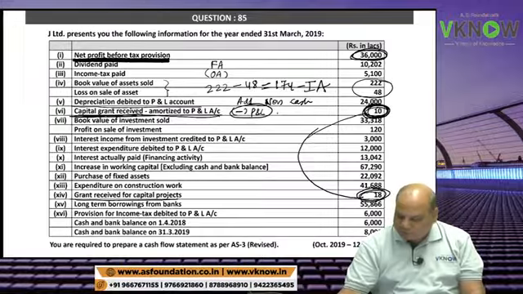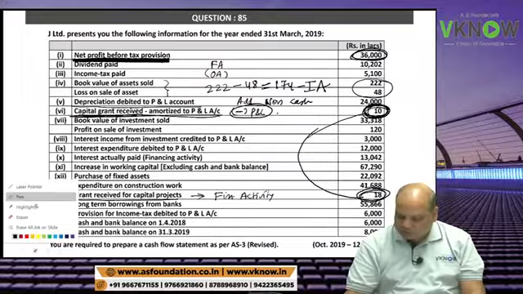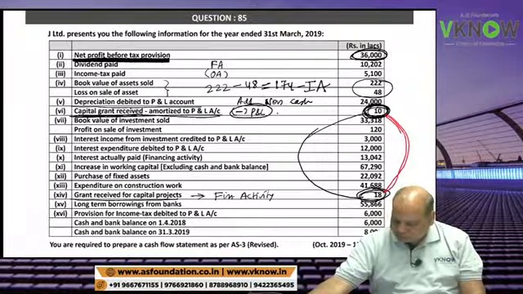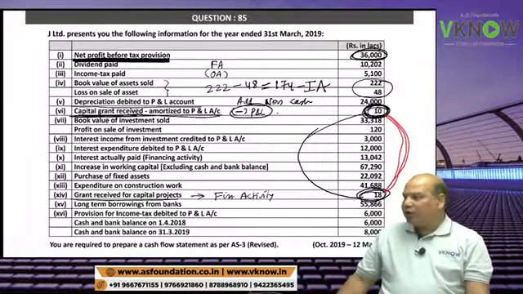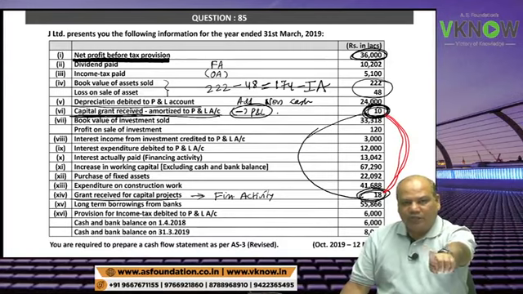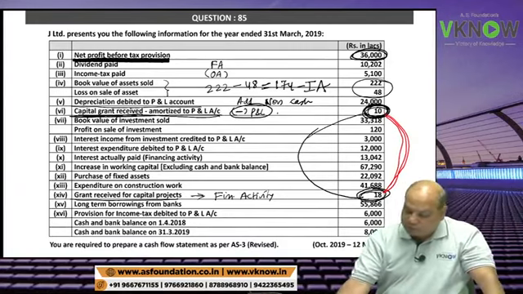The grant received for capital project is shown in financing activity. So take a pencil and link these two numbers: 10 and 18 are linked. 10 I will adjust in operating activity, 18 will be inflow in financing activity.